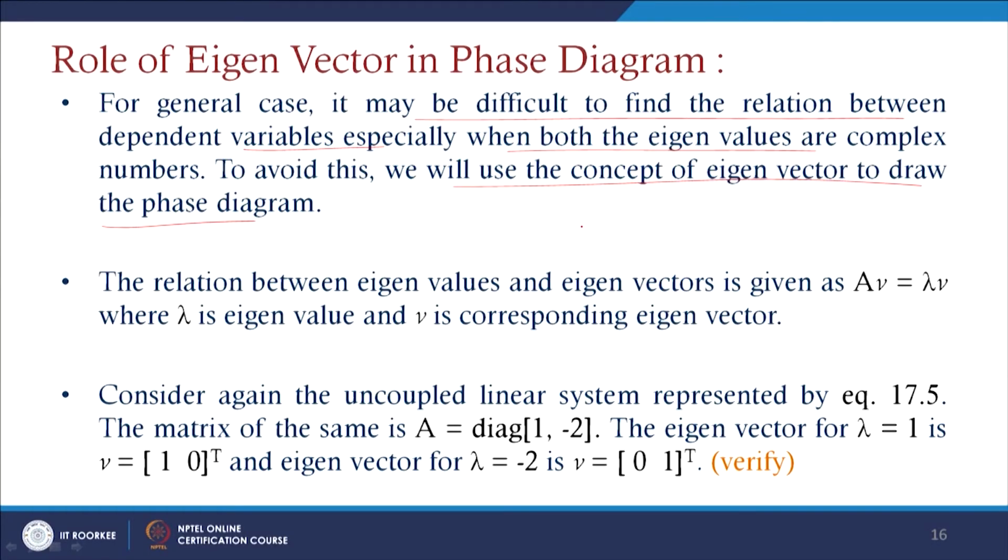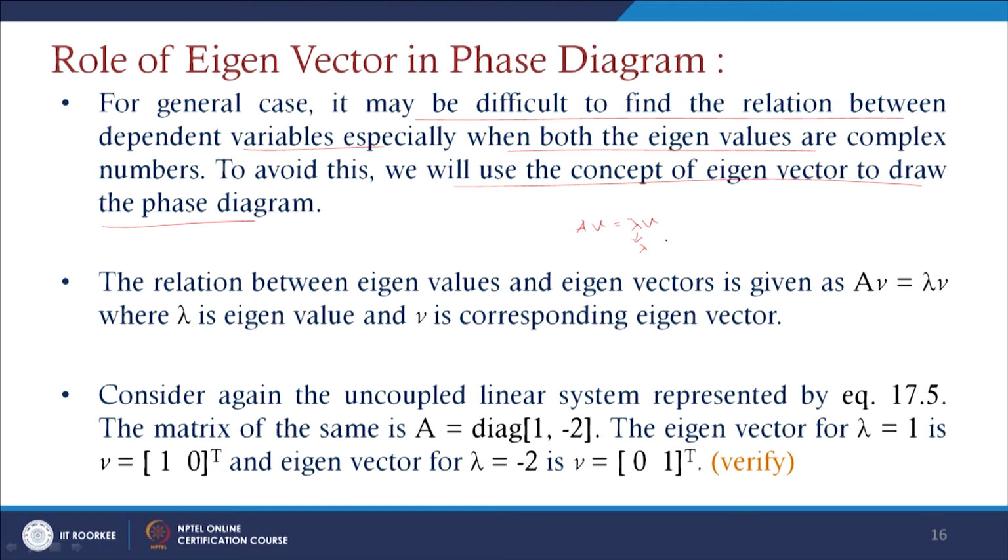If we want to find the eigenvectors for the system, we write it in the form A v equals lambda v, where v is the vector, and for each of these eigenvalues we have a corresponding eigenvector. Since eigenvectors correspond to each of the eigenvalues, they are not unique.